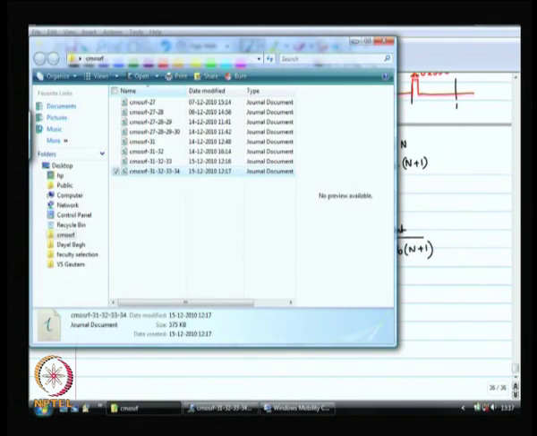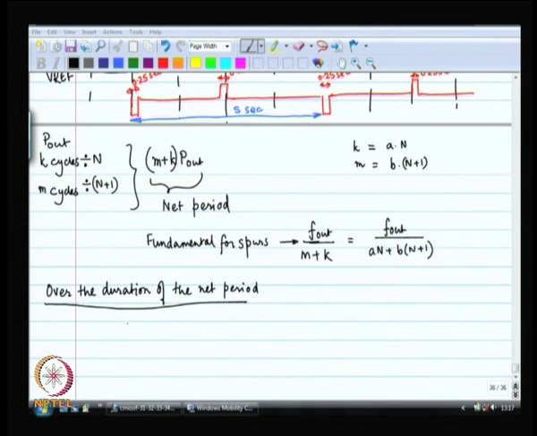So, it is going to go up and down a times during that division, and it is going to go up and down b times while I am dividing by n plus 1. So, the output of this clock divider is going up and down a plus b times over the duration of the net period.